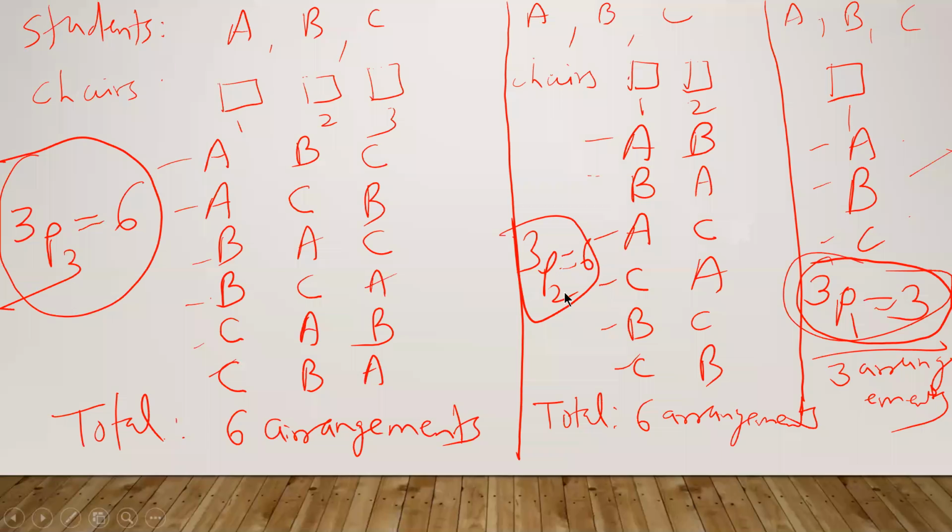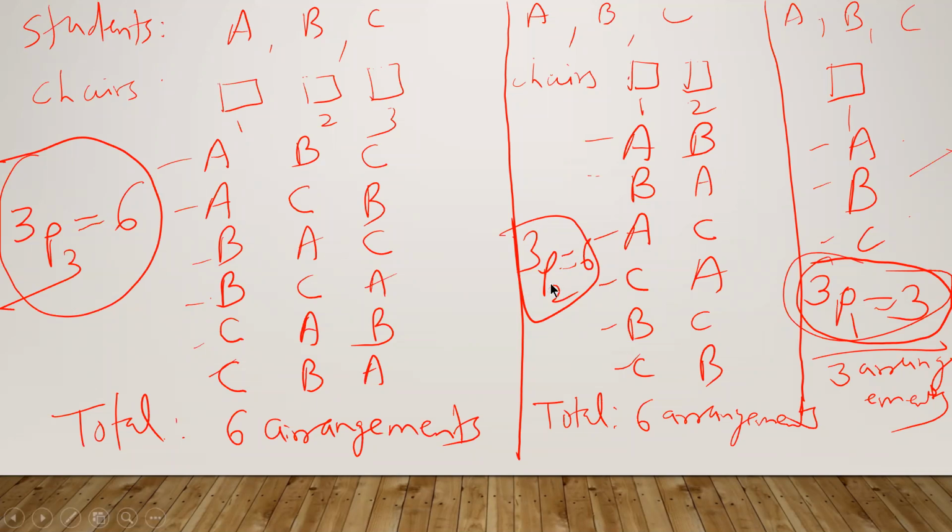Okay, 3P2: out of 3 we have selected 2 and arranged them in order. How many we got? Again we got 6. So 3P2 was 6. So the number which we are writing here at the top, that is a total number. So total were 3. And we are arranging out of those 3, we are arranging 2.